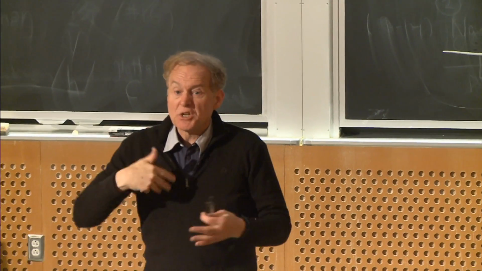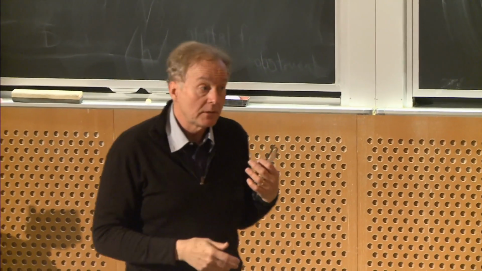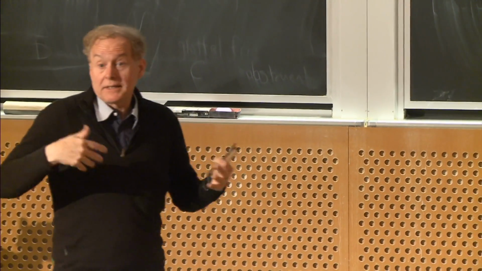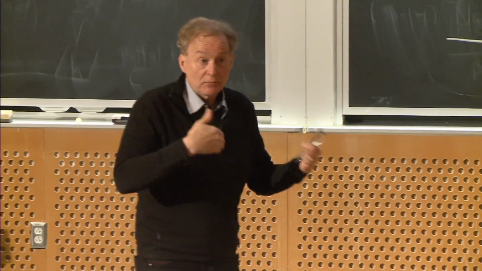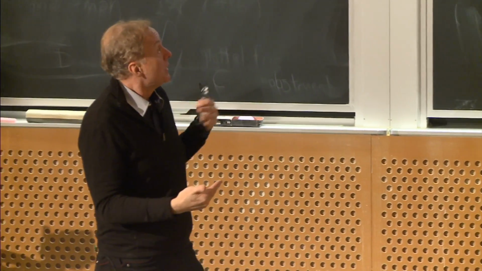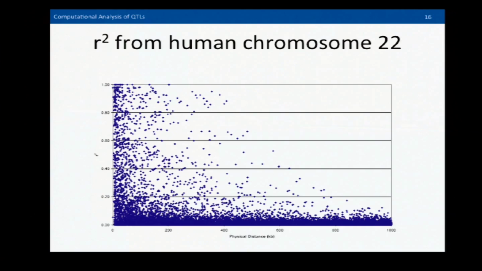There are recombination hotspots in the genome, and it's once again a topic of current research, trying to figure out how the genome recombines and how recombination is targeted. But suffice to say, as you can see, it's not uniform.